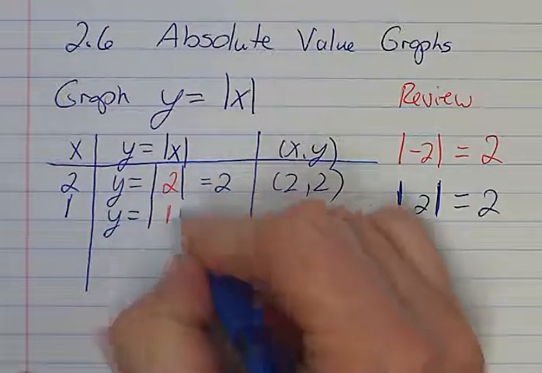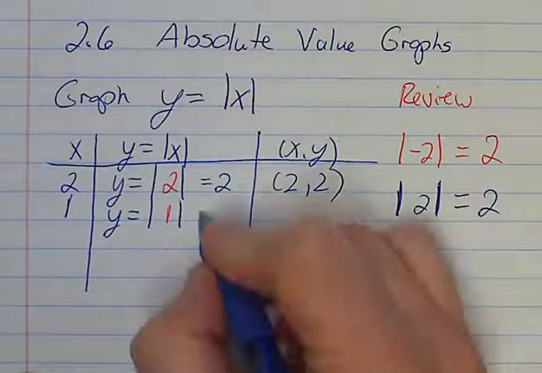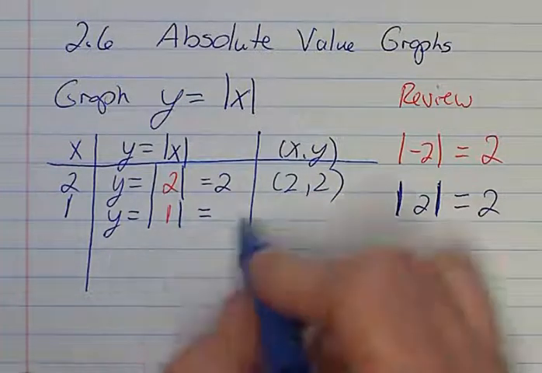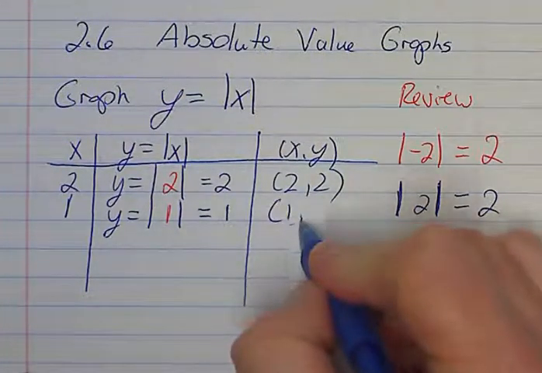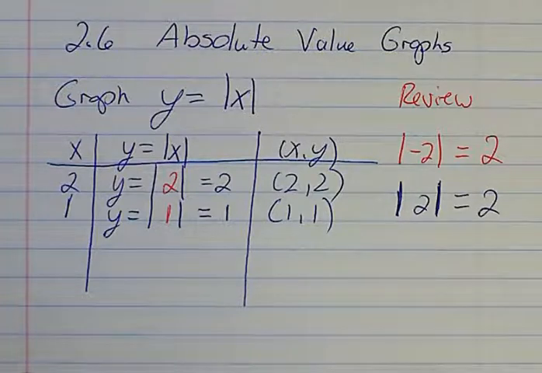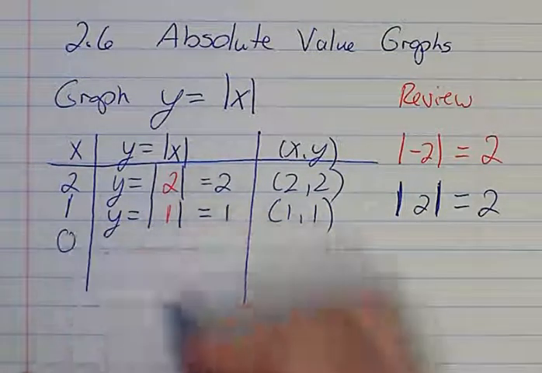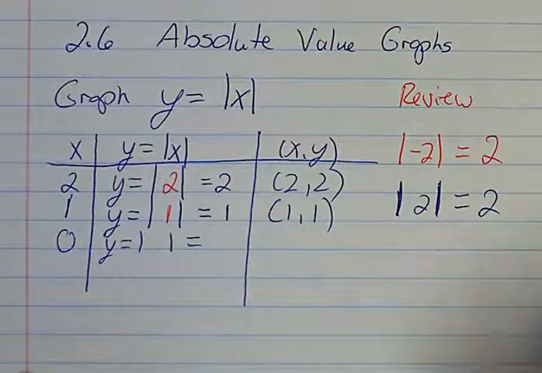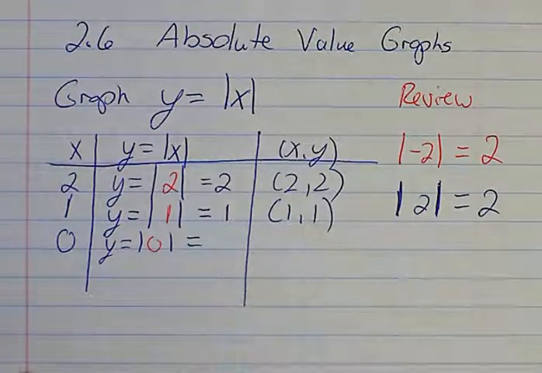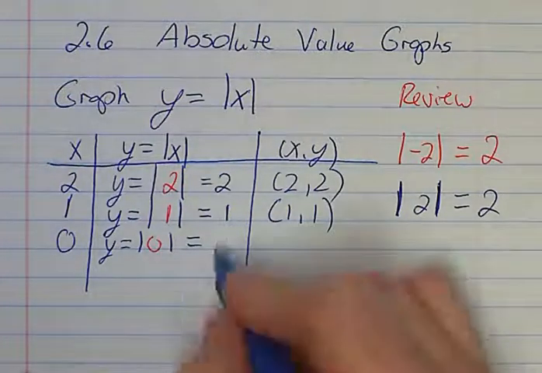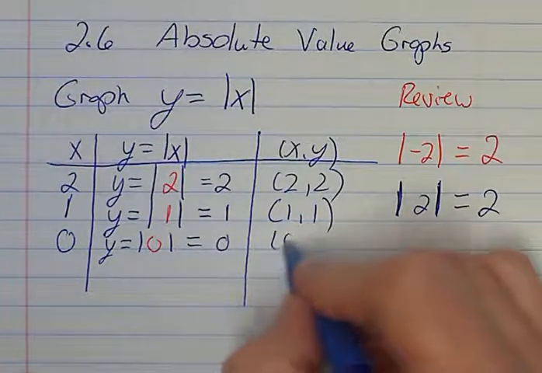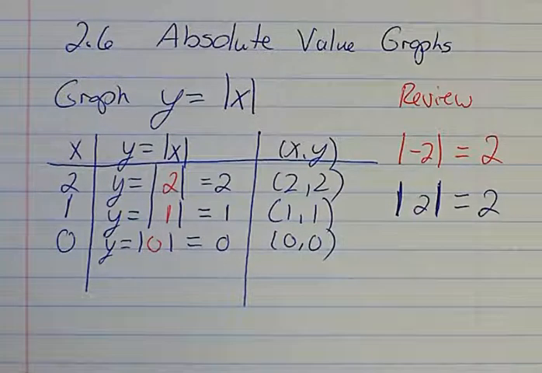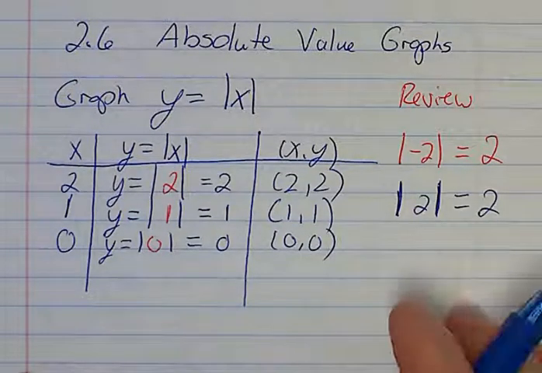So y would be the absolute value of 1. Well, again, it's already positive, so it's just going to stay positive, so that's going to be at 1, 1. Then we're going to take the absolute value of 0, which again just stays the same, it's still 0. So that's going to be the point 0, 0.